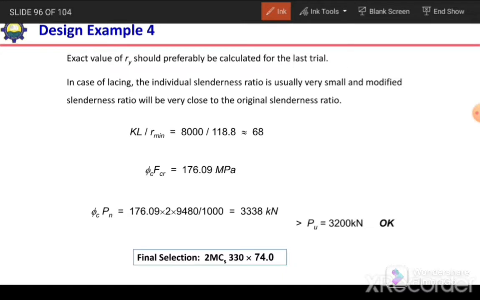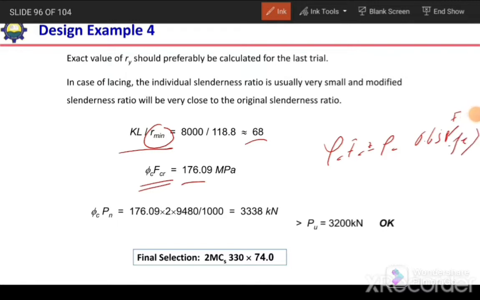Okay, based on this slenderness ratio, the governing value depends on the R minimum. So we need to calculate the phi CFCR value, which comes out to be 176. Again, it corresponds to the formula phi CFCR is equal to phi C times 0.658 to the power Fy over Fe times Fy. I have discussed this formula many times.